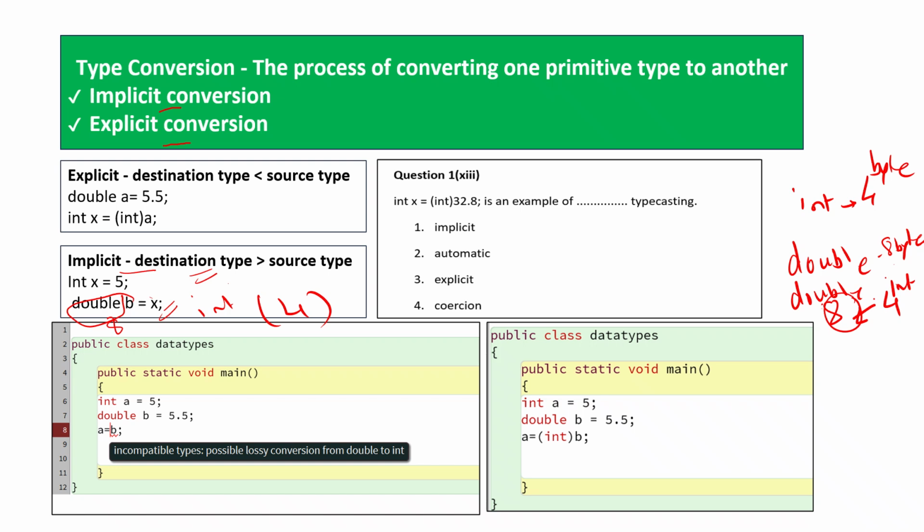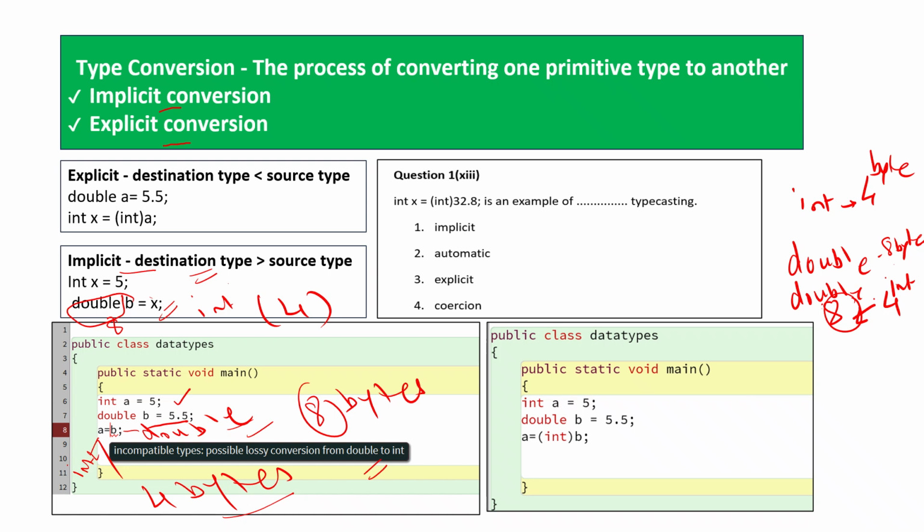And what is explicit conversion? Here my variable int a is equal to 5, and double b is equal to 5.5. Now I want to assign b to a: my destination is int and my source is double. So I get an error: incompatible types, possible lossy conversion from double to int. I cannot assign this, since double holds 8 bytes and int holds only 4 bytes, so there is a conversion loss.